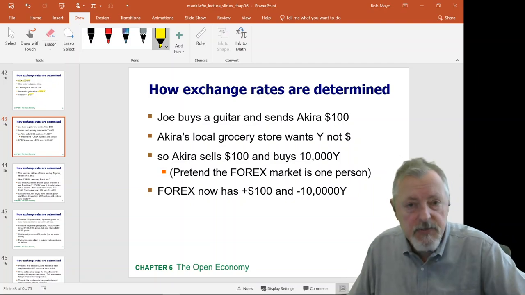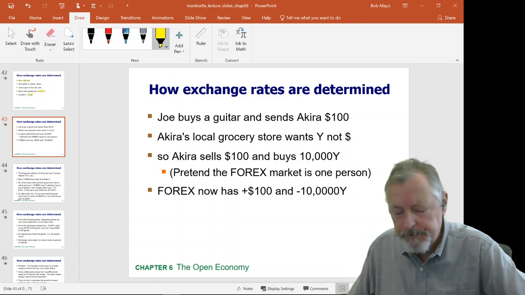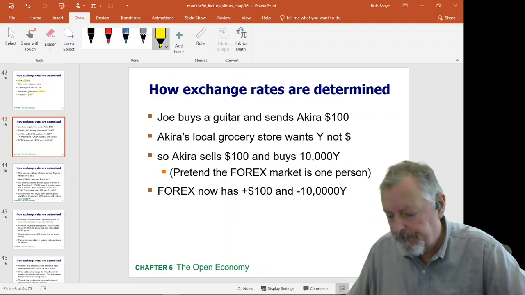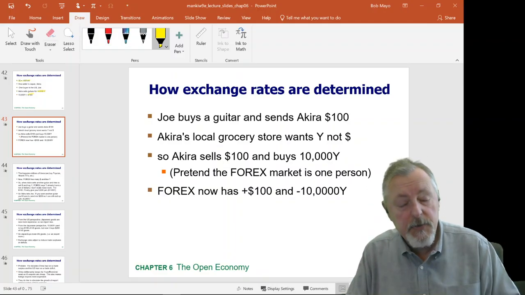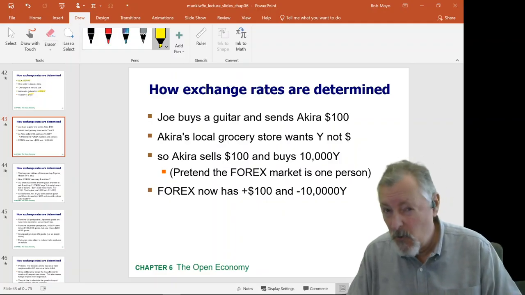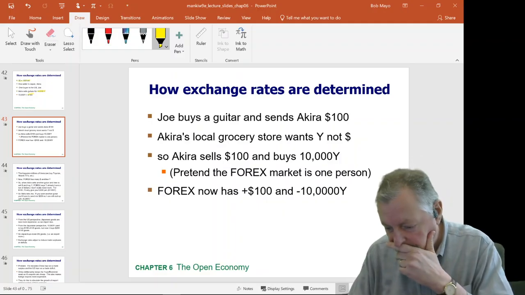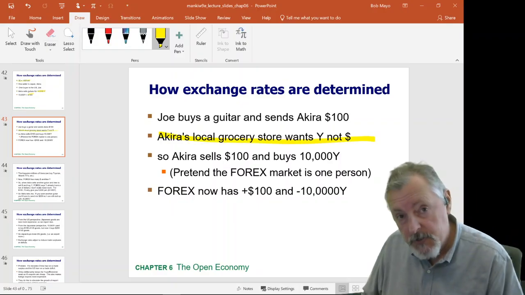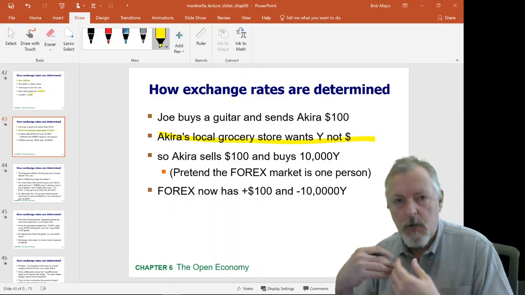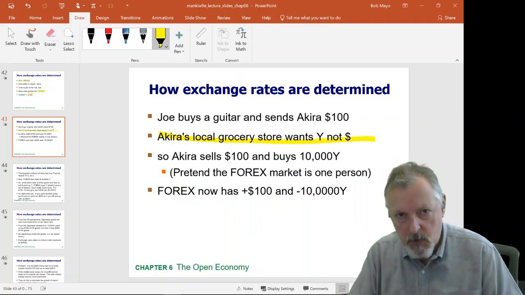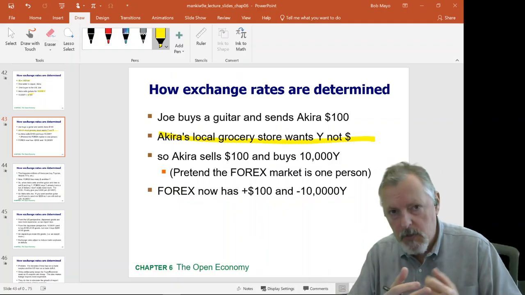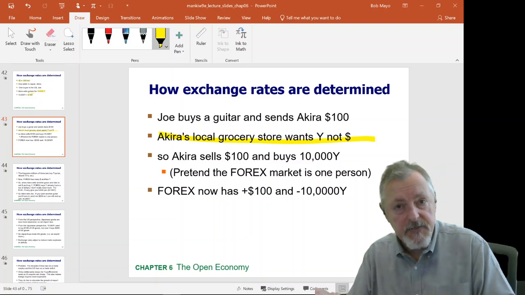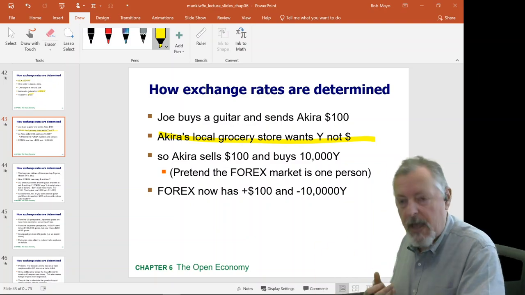Joe in the United States wants one of Akira's guitars. So Joe buys a guitar and sends Akira 100 United States dollars, because that's what Joe has in the United States. Akira can't use United States dollars. So Akira goes into the international foreign exchange markets, the Forex markets, and trades his 100 United States dollars for Japanese yen.